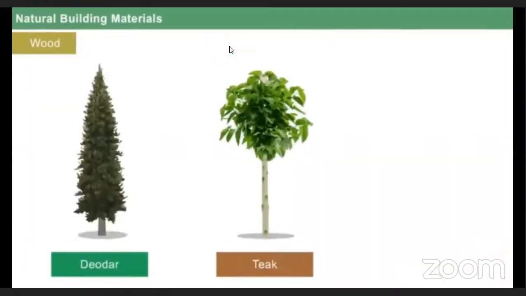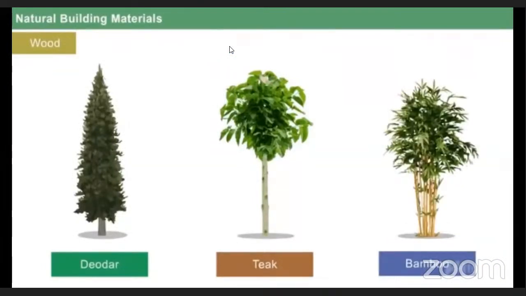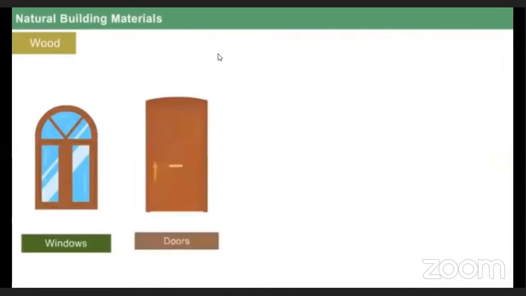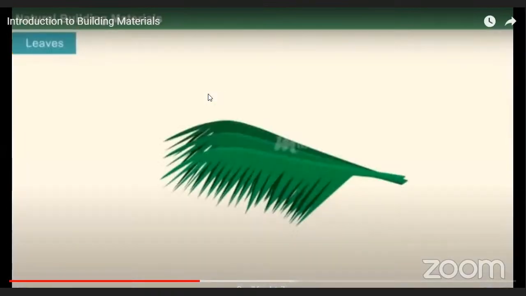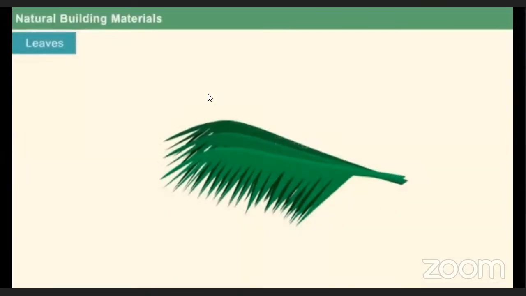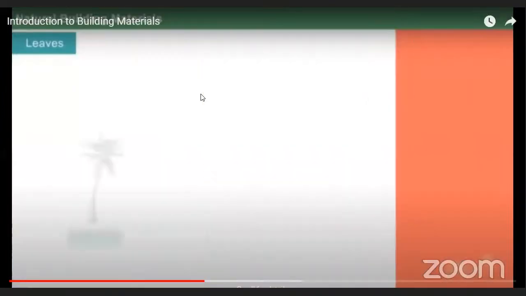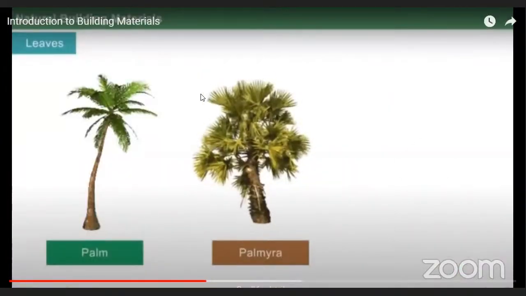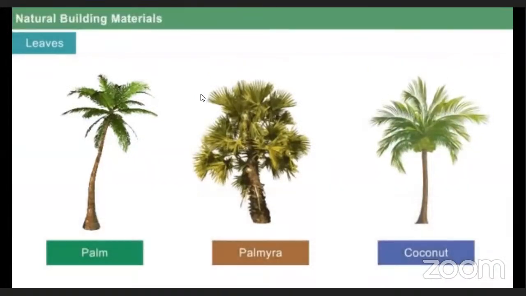The main source of wood are deodar, teak, and bamboo trees. People use the wood mainly for the construction of windows, doors, ceiling, roofing, etc. Leaves. With the help of the leaves, people construct a temporary roof structure in their houses. Palm, palmyra, and coconut trees are the major source of leaves for construction.